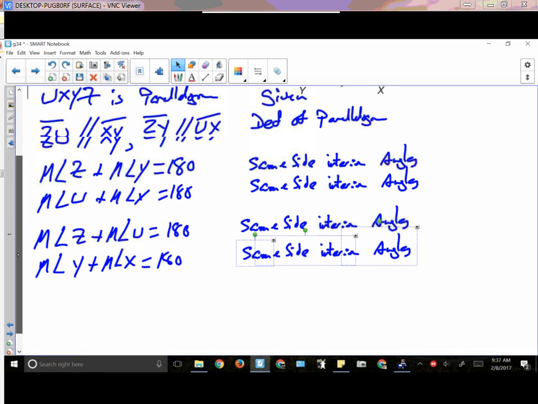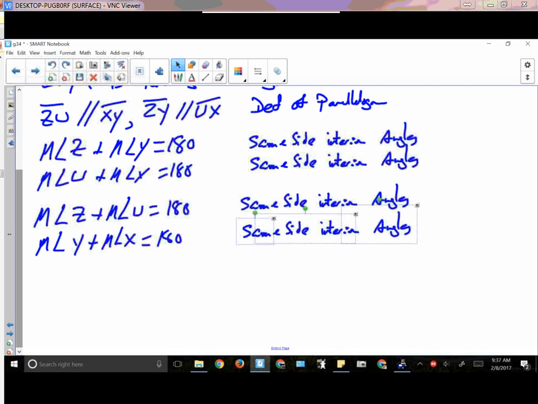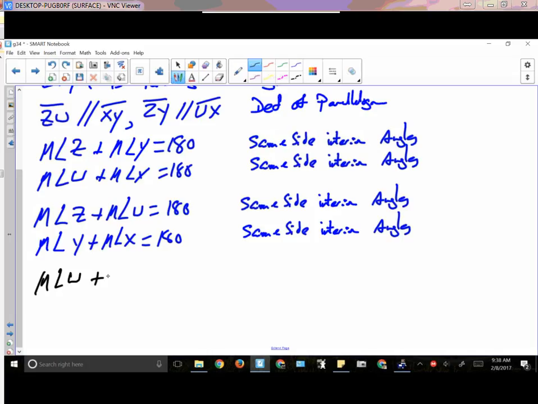W and Y. Can I then go and say that the measure of angle W plus the measure of angle X, which is this one right here, is equal to the measure of angle Y plus the measure of angle X?